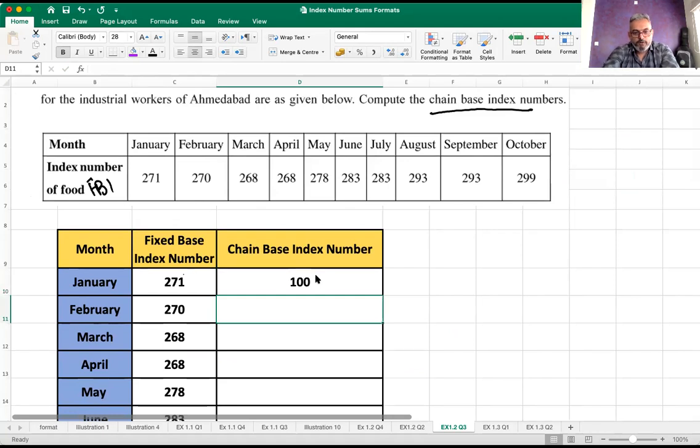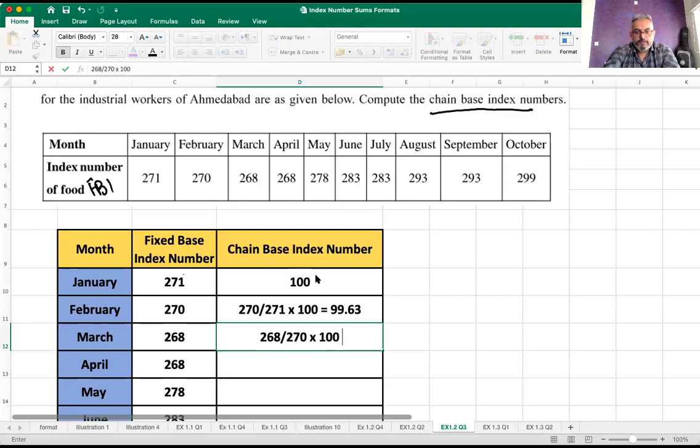Now, for February, 270 divided by 271 into 100, which is equal to 99.63. Then 268 divided by 270 into 100, which is equal to 99.259, so 99.26.